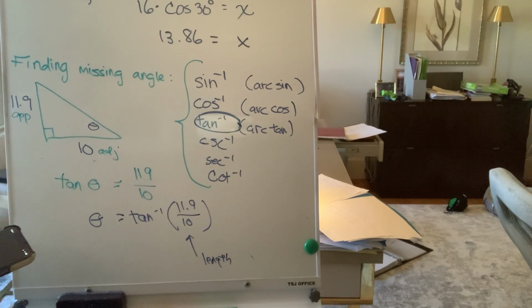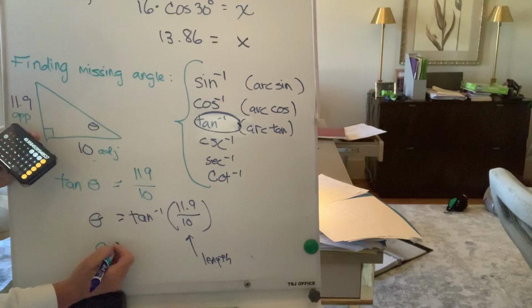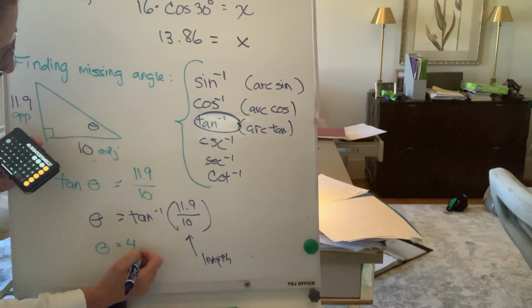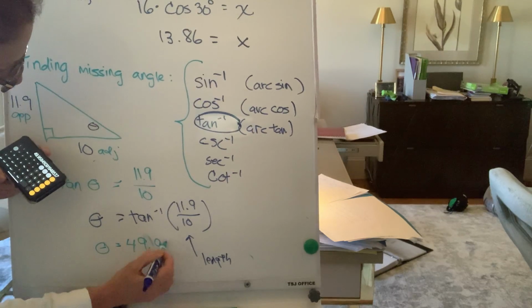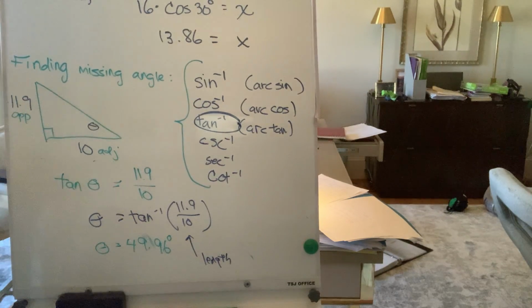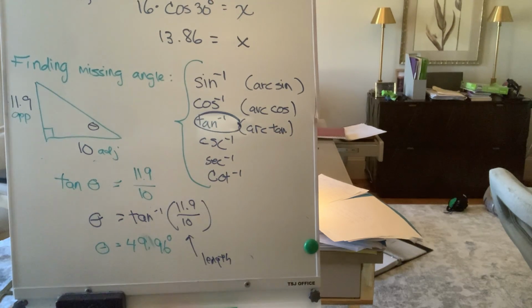So if I do 11.9 divided by 10, and then I plug that in to change it to -1, I get theta equals 49.96 degrees. Okay. All right, that is a basic review of trig functions.